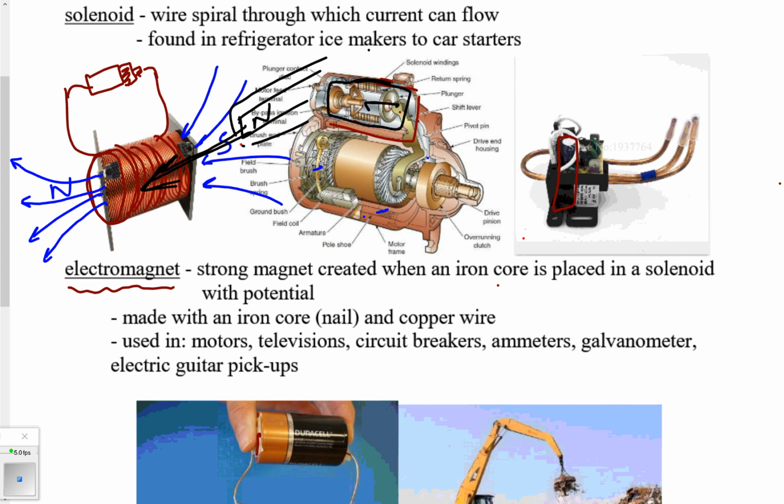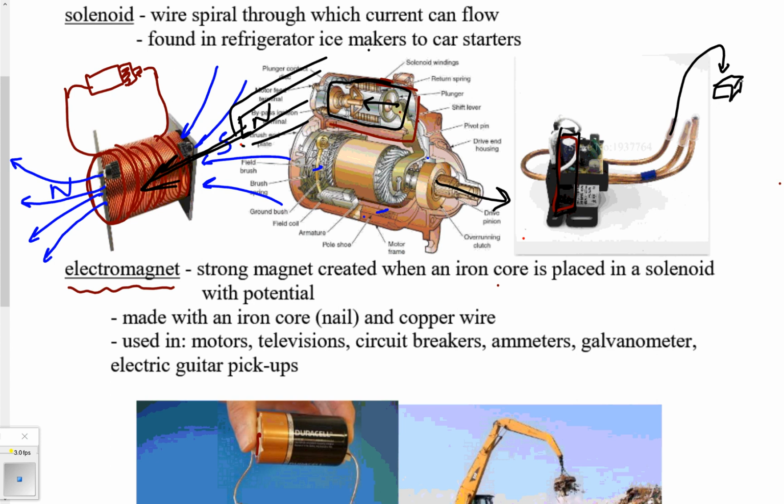It pulls this in and connects the main supply of electricity to your starter motor. It also kicks this clutch out to activate and spin your flywheel and start the car. We also talked about this, your solenoid on the ice maker in your house. It lets the water go to the ice maker to make little ice cubes.